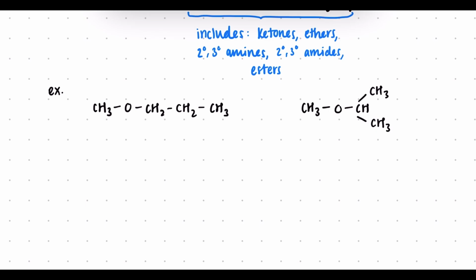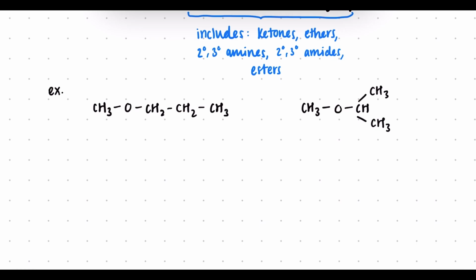Now, try and compare the molecular formulas of both of these compounds. Now, obviously, we've got 3 plus 2 plus 2 plus 3, so that's 10 hydrogens, 4 carbons, and 1 oxygen in the first one. And in the second one, we've got the same. So these are both isomers.